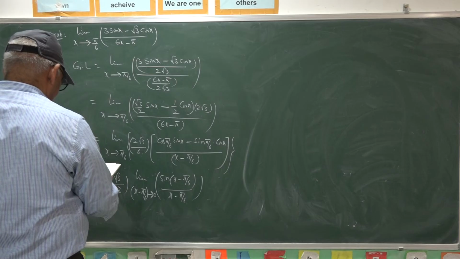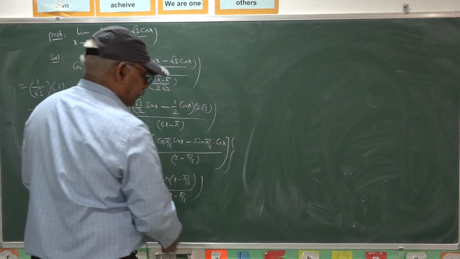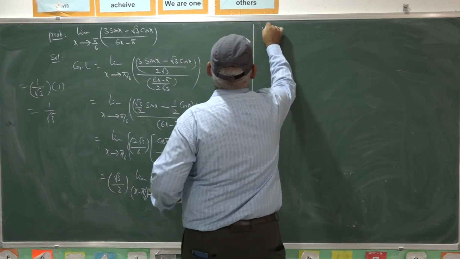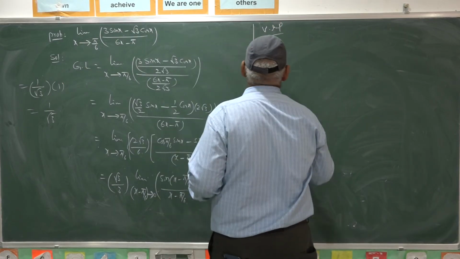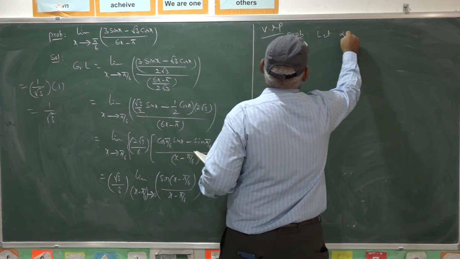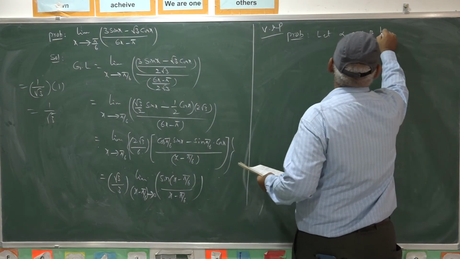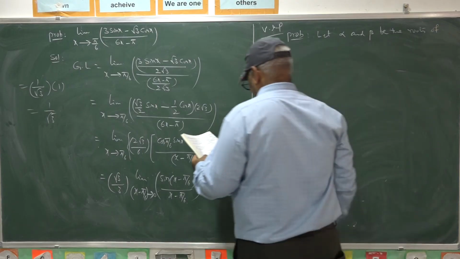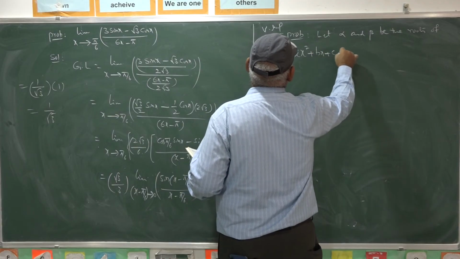Next one. This is an important problem. Let alpha and beta be the roots of ax square plus bx plus c equal to 0, a quadratic.